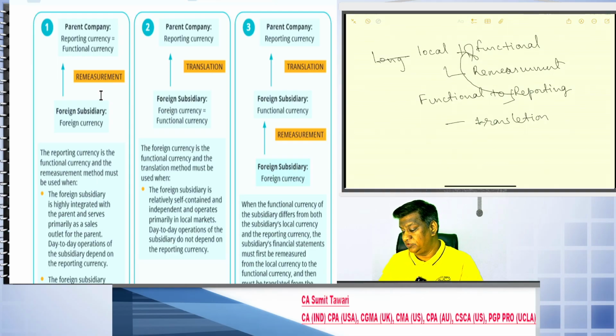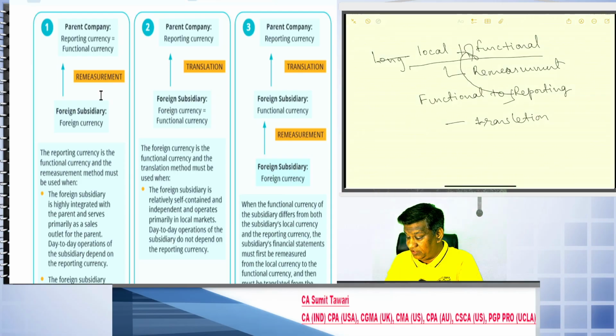Because we are converting the financials into the functional currency, but the functional currency is equal to the reporting currency, so there is no need for further translation. You can use the financials which we prepare in the functional currency.